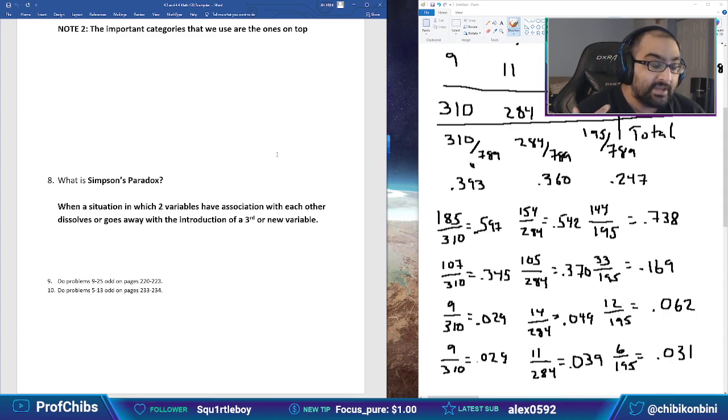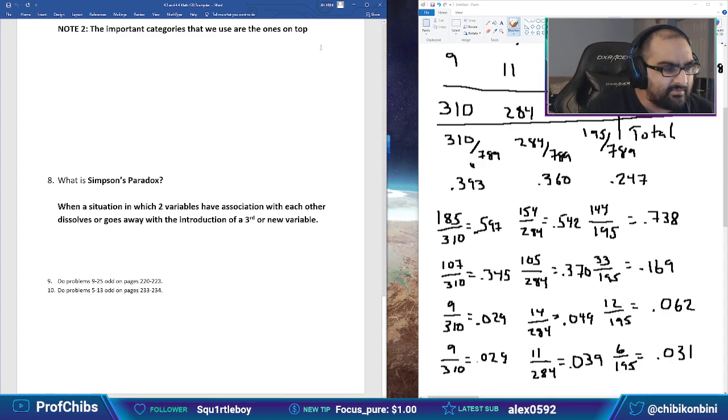That is Simpson's paradox: a certain situation arises where the relationship dissolves, but is it important enough to include? It could be a situation that occurs once in a blue moon. You don't know. It could happen.